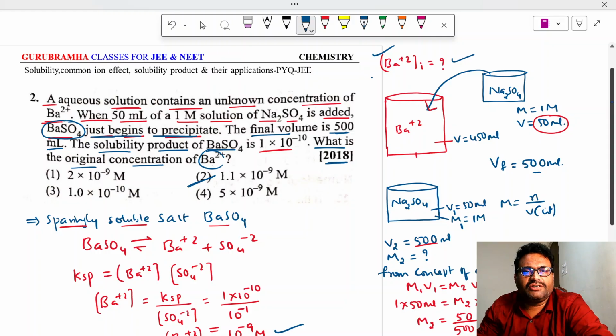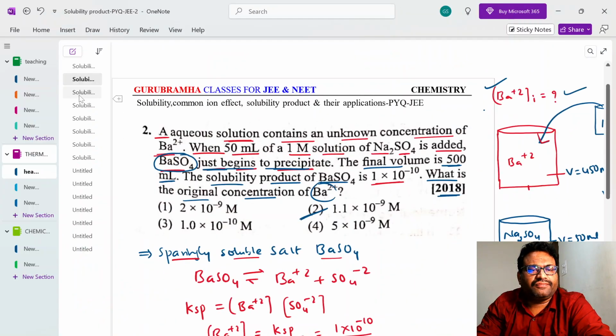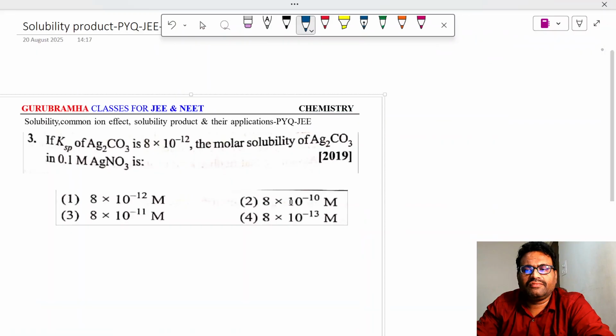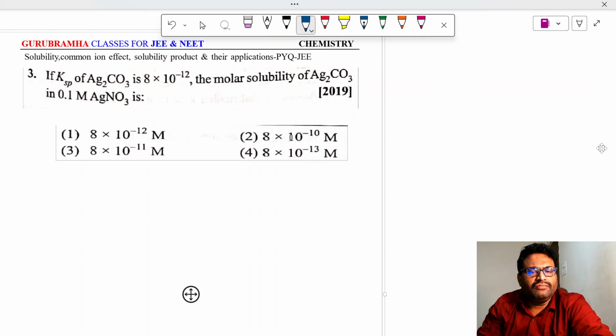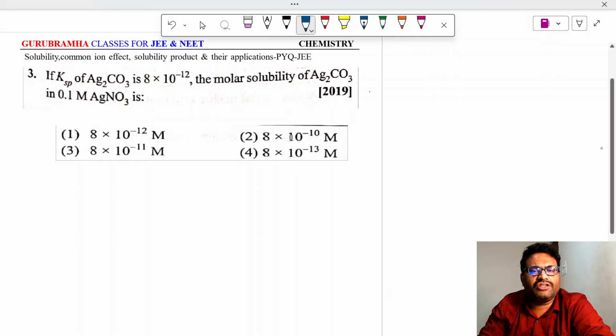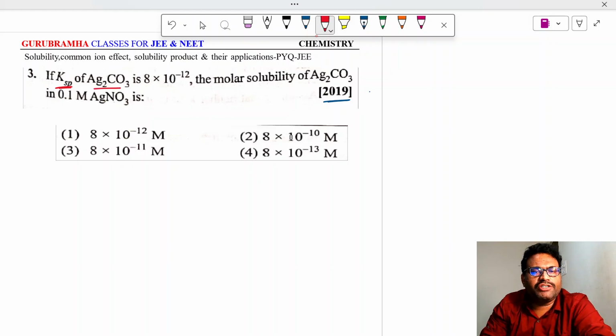Let us solve the next question, which was asked in 2019. If Ksp of Ag2CO3, a sparingly soluble salt, silver carbonate, is 8 into 10 power minus 12, find the molar solubility of Ag2CO3 in 0.1 M AgNO3.